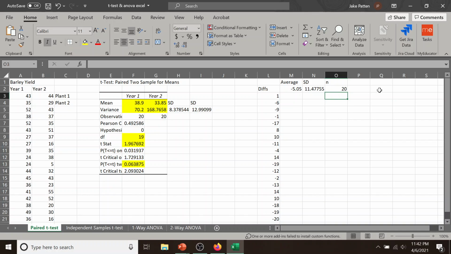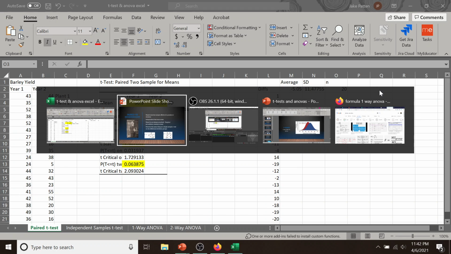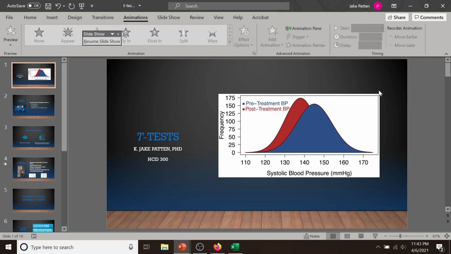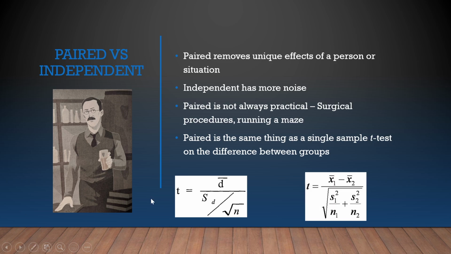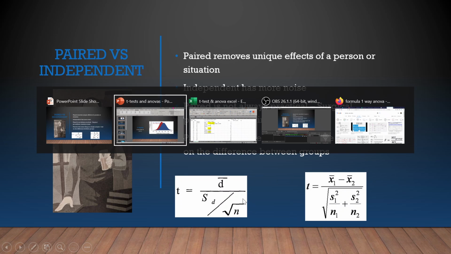So, taking a look at our formula again, we're going to make the standard error for the paired t-test. The standard error for the paired t-test is all of this bottom portion here. It's just the standard deviation of the difference scores, that's why you have this d here, over the square root of n.